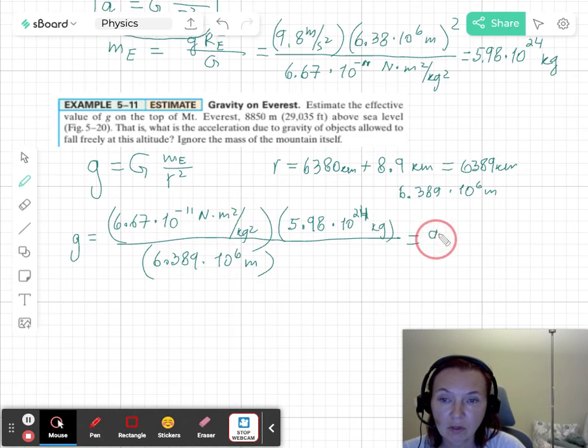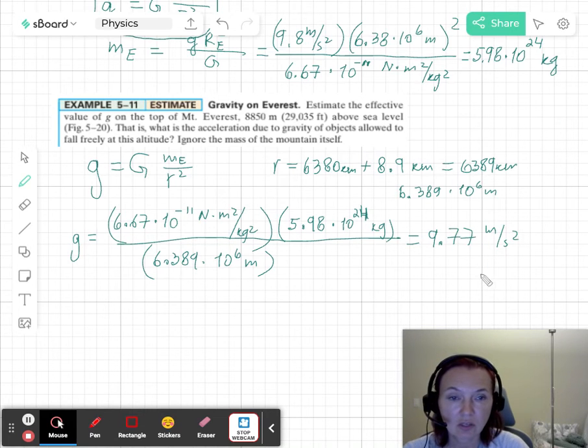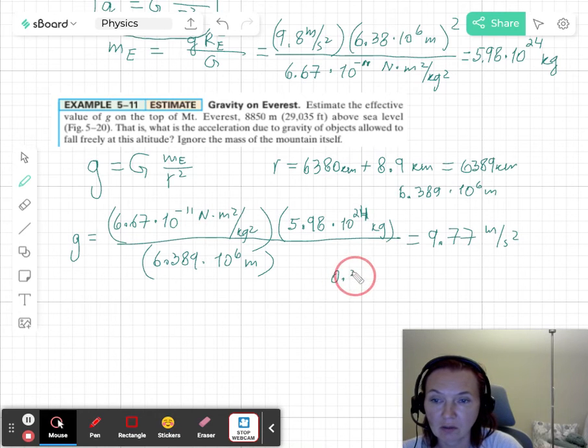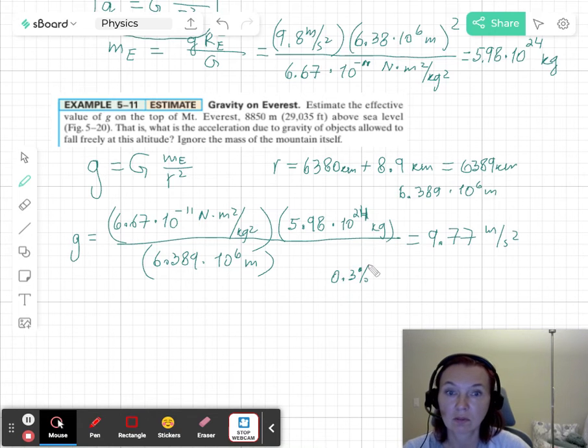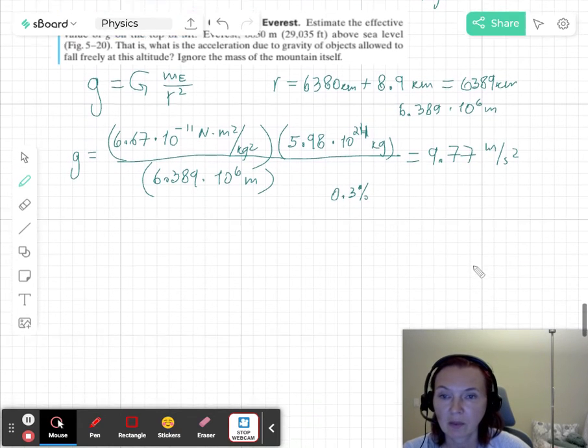Once we simplify everything, we get 9.77 meters per second squared, which is a reduction of 3 parts in 1,000, so about 0.3%. So the acceleration is actually less. Objects will fall slower at the top of the mountain.